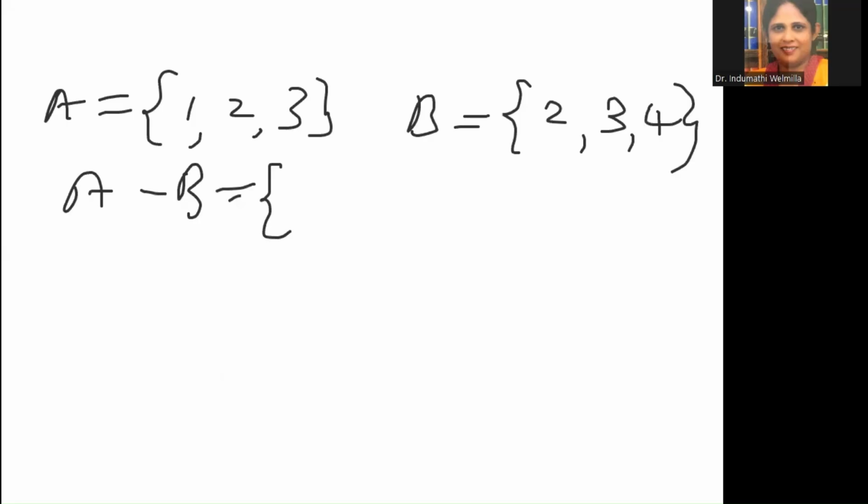When we remove 2 and 3, A minus B equals only {1}.